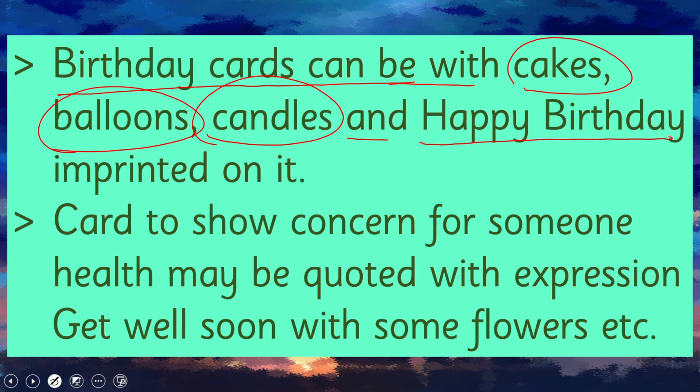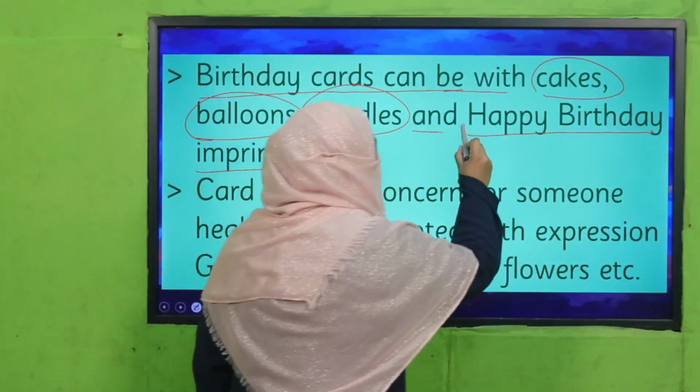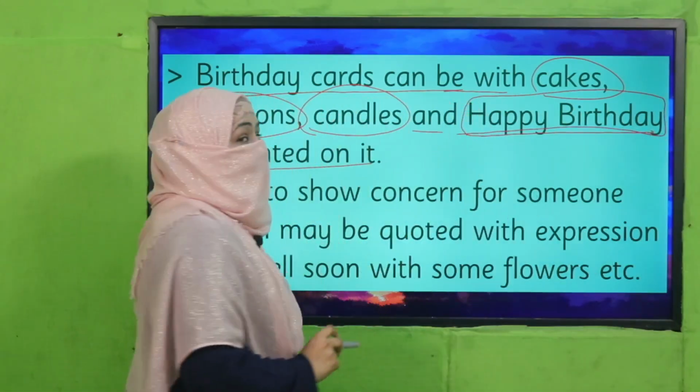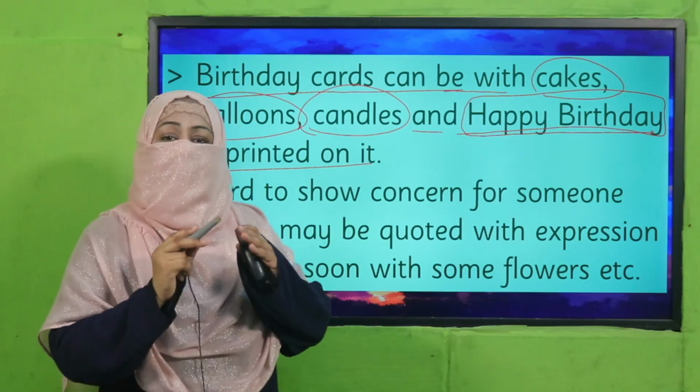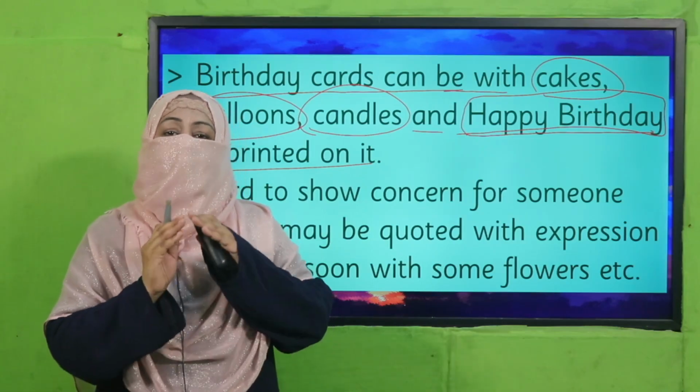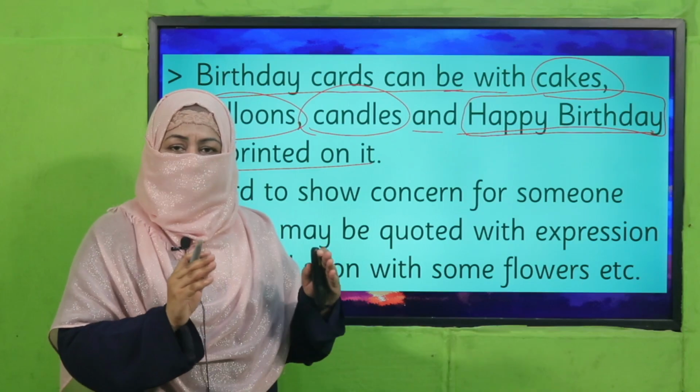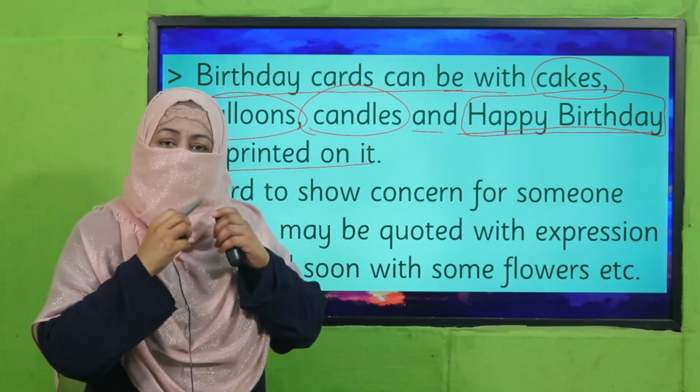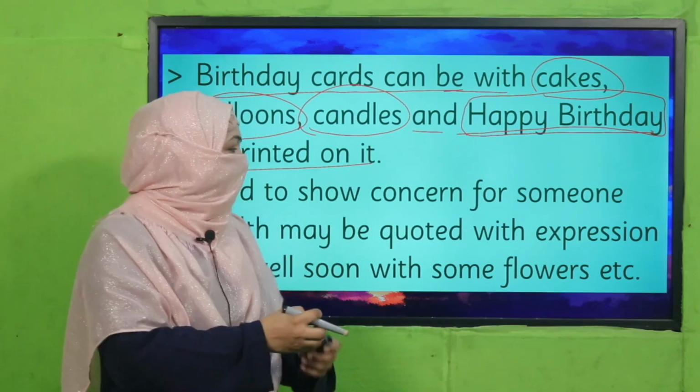Happy birthday, right? On a birthday card, if you don't write happy birthday, your message is incomplete. So when you make a greeting card, its words and pictures should be selected accordingly.